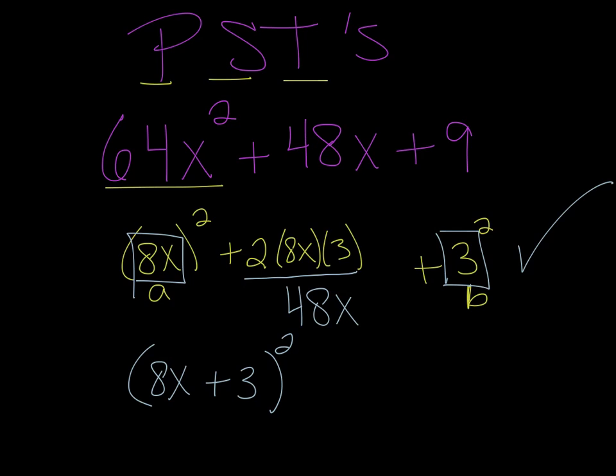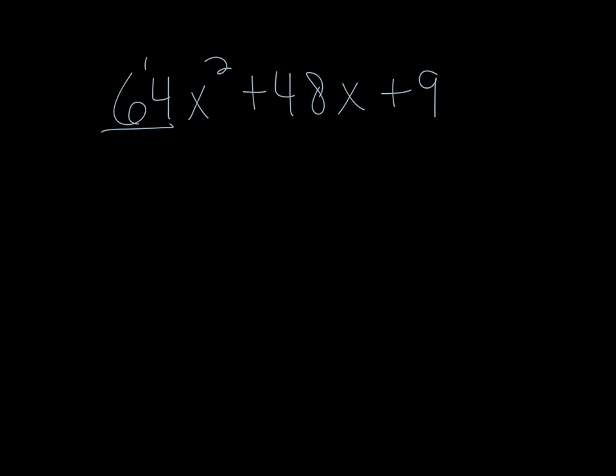You could take this same polynomial, 64x squared plus 48x plus 9, and we could factor this by using slide and divide if you didn't recognize it was a perfect square trinomial. So sliding 64 to the end, and we need 9 times 64, or 576.